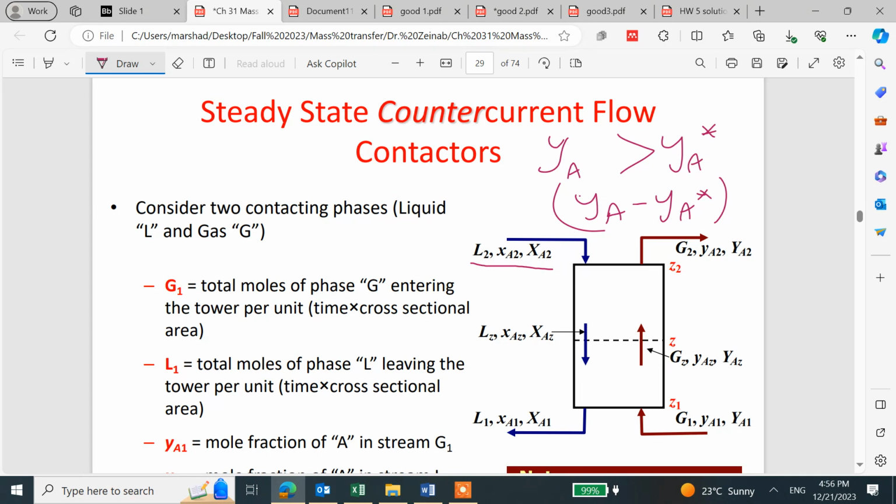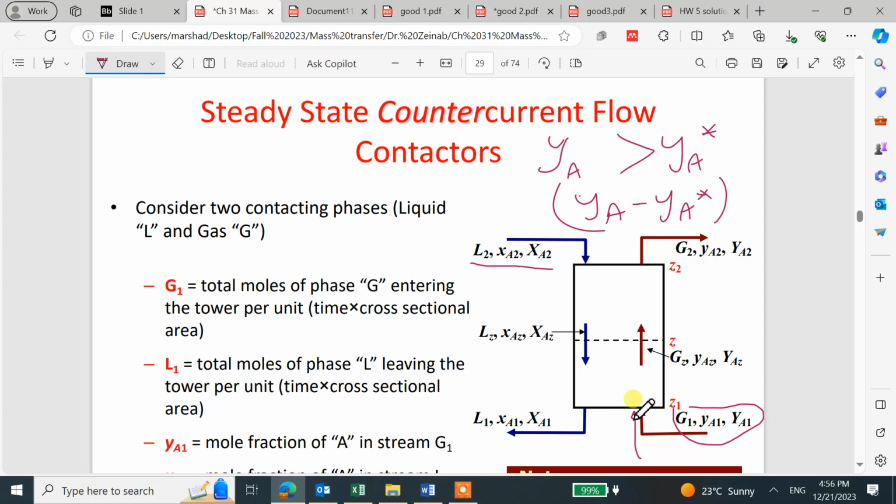So basically in absorption, what do you have? You have some component in gas. The gas is coming from the bottom. In the gas you have some impurity, ammonia, SO2, whatever. You want to get rid of that, or you want to reduce the concentration of one component in the gas.